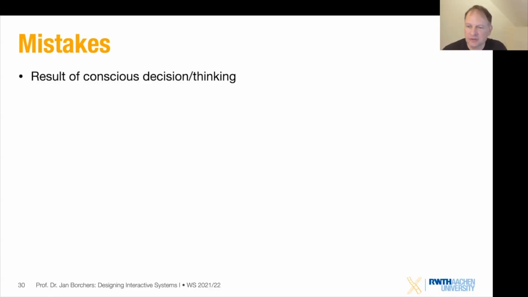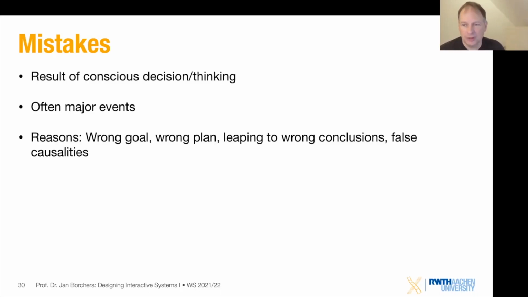Mistakes are a result of conscious decision-making and conscious thinking. They often concern major events and major actions. Now, why do they happen? Why do we make these mistakes when we think consciously? Well, because, for example, the goal could be wrong, or the plan could be wrong to achieve that goal.